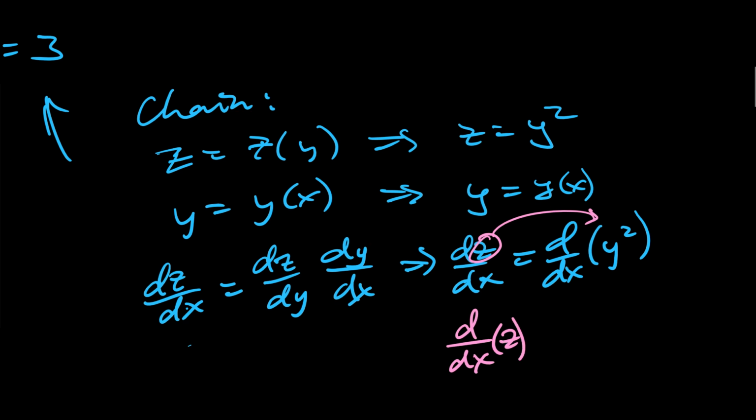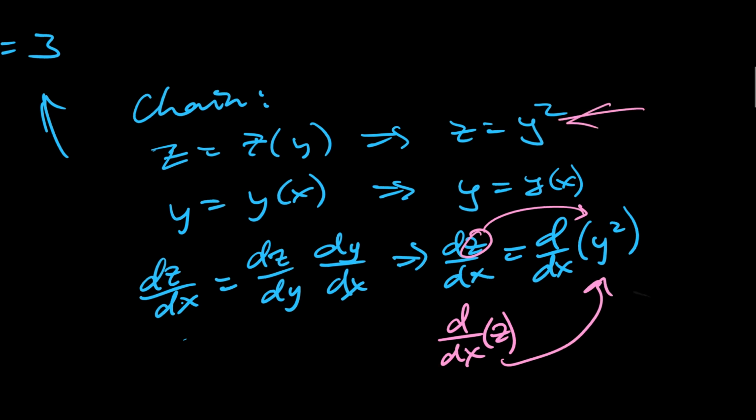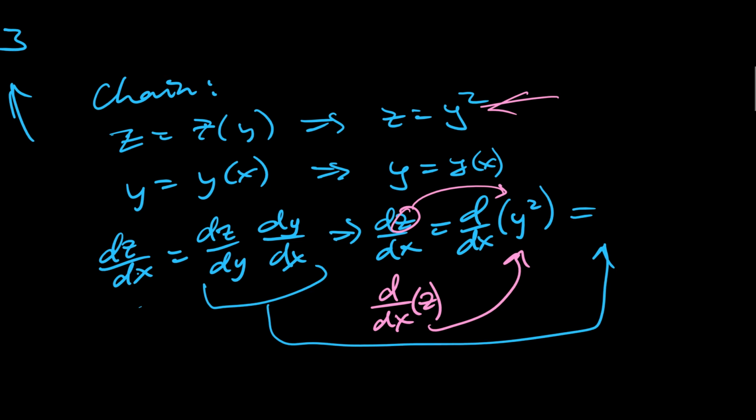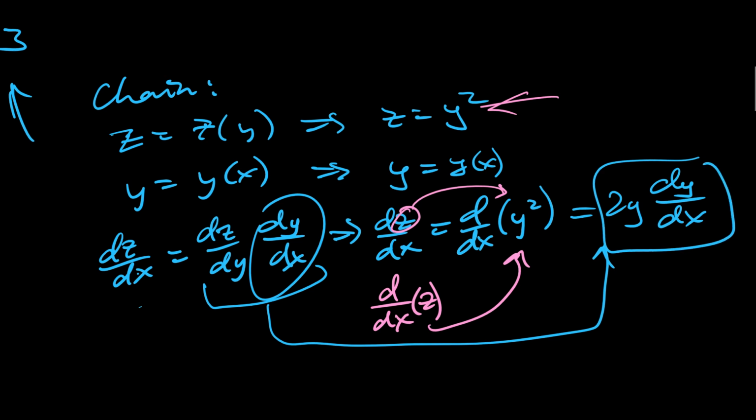So I'm just pulling it off to the side and then rewriting it like that. So what this is equal to is dz dy, which is 2y, and then dy dx. This piece here, we don't know what it is, so we're just going to write dy dx. Done. So this is your answer.